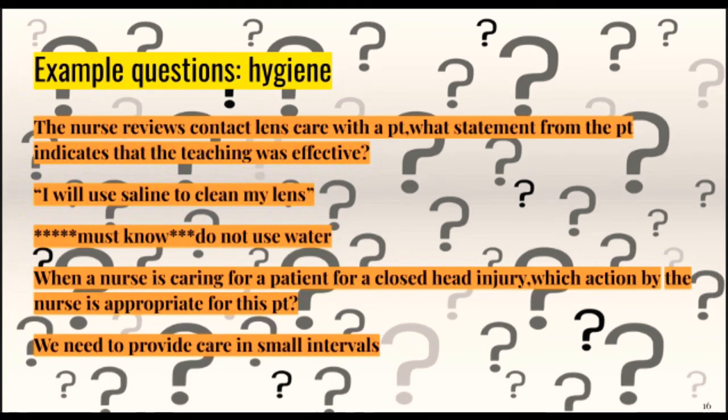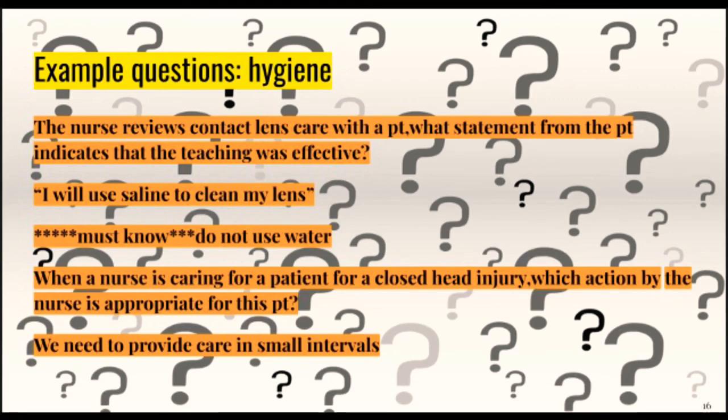When a nurse is caring for a patient with a closed head injury, which action by the nurse is appropriate? So let's think. The patient has a closed head injury, so they're having issues with their head. The answer would be to provide care in small intervals, meaning we're not just going to rush a bath or something, where they could be at risk for a fall.